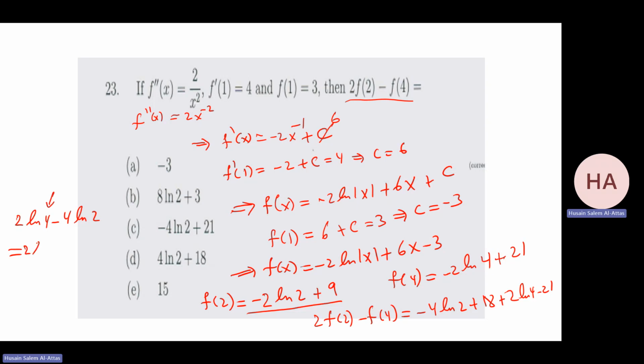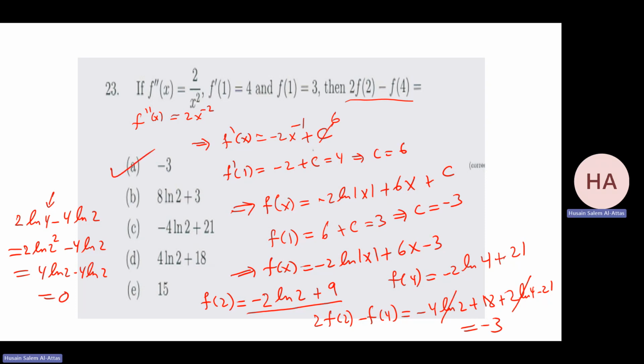This would be 2 ln 2 squared minus 4 ln 2. That will be 4 ln 2 minus 4 ln 2, which is 0. So this is cancelled. They are the same. That will be minus 3, which is this.